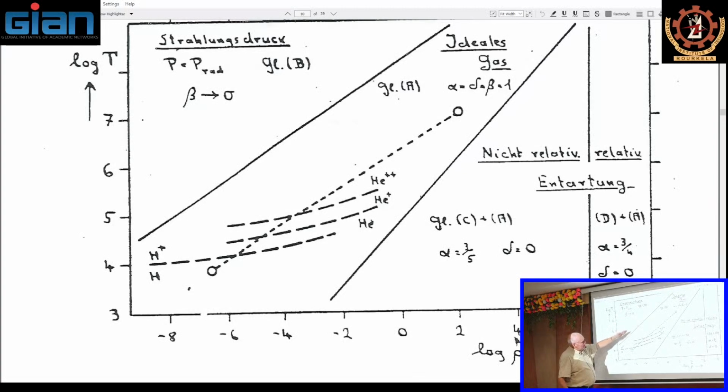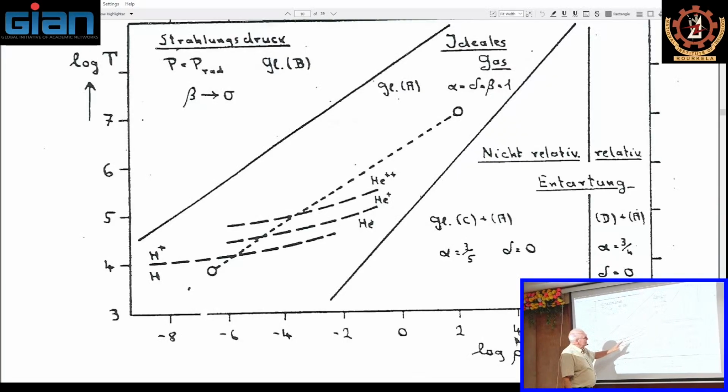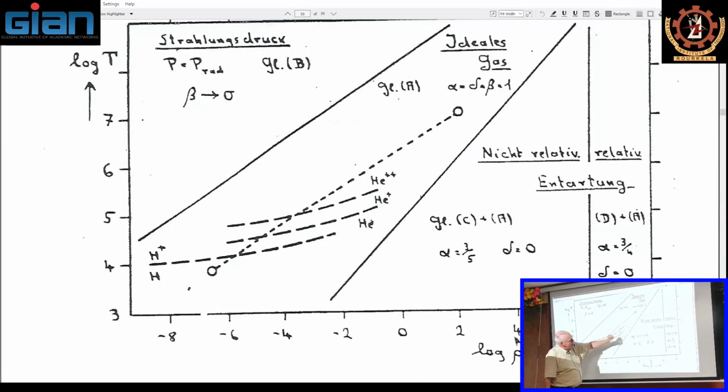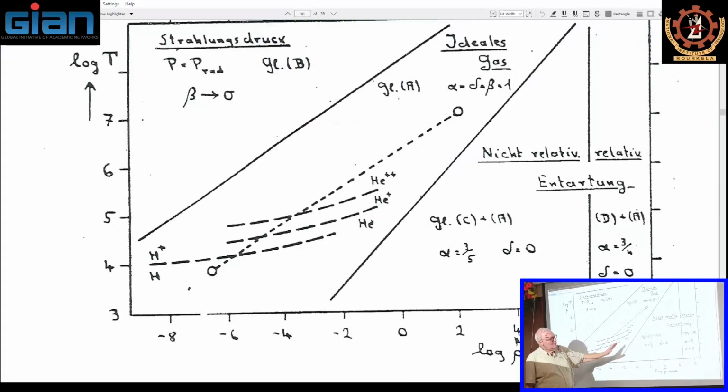If we decrease the temperature and increase the density a bit more, then we end up with an ideal gas. So then the radiation pressure is no longer dominant, but the gas pressure, being proportional to rho times T, will become important. Once we decrease temperature even more and increase the density, we enter the domain of degeneracy.